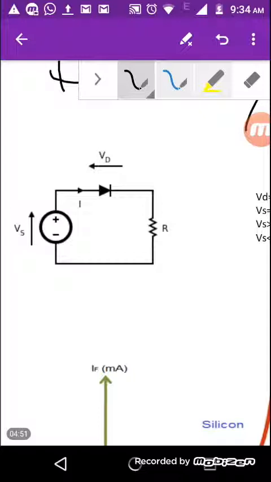Now in an ideal diode, the voltage Vd will be equal to 0.